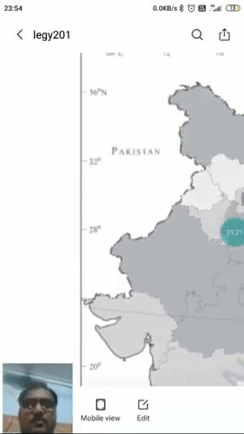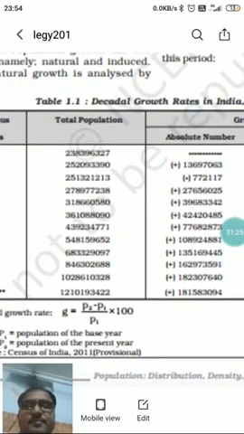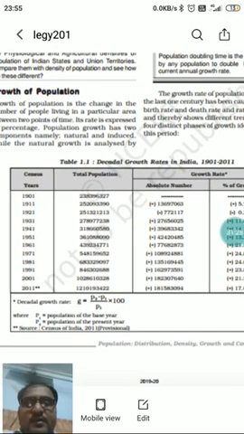Right now we need to look at one table. This is table 1.1.